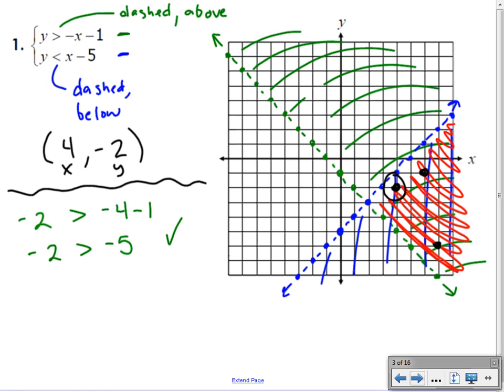When we substitute those values into the second, we get -2 is less than 4 minus 5. Well, -2 is less than 4 minus 5 because 4 minus 5 is -1, and -2 is smaller than that. So this inequality checks out as well. So that point in that shaded region satisfies, it makes both of those inequalities true, and that's why we call it a solution. So this is what we're looking for every time we graph these systems of inequalities.